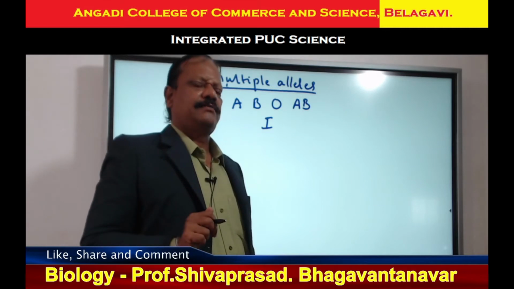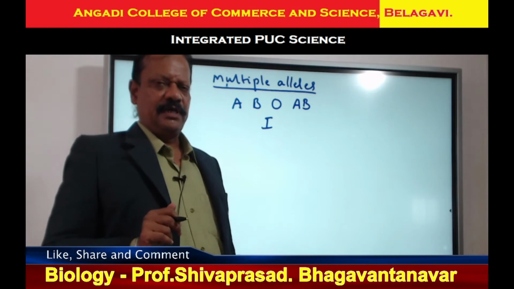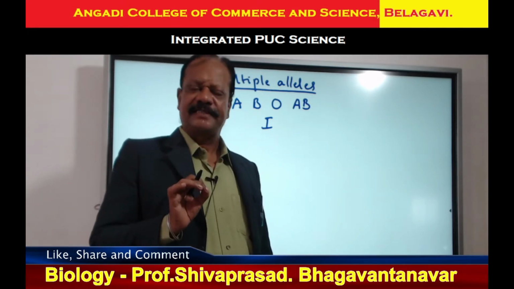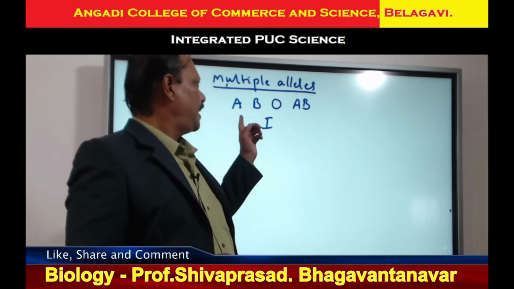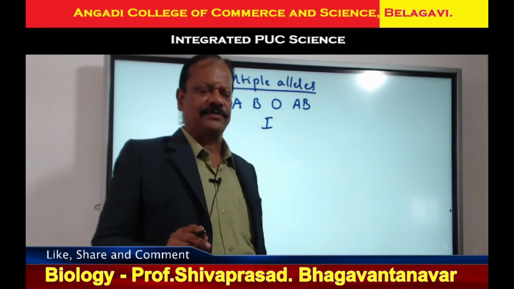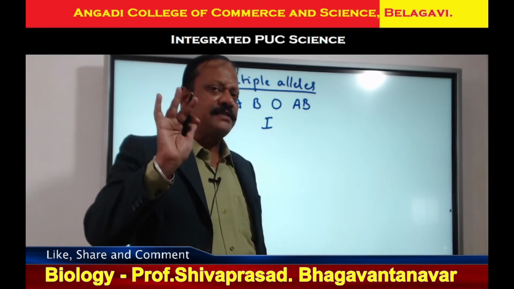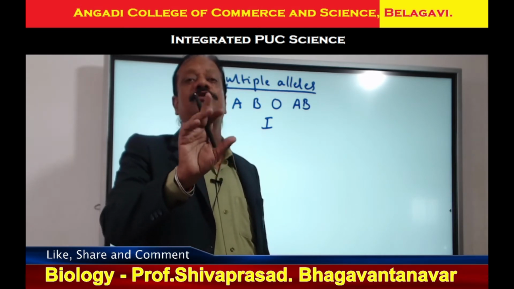Now, each human being contains 2 genes out of 3: A, B and O. These are 3 types of alleles, and out of these 3, 2 types of alleles are found in each human being.